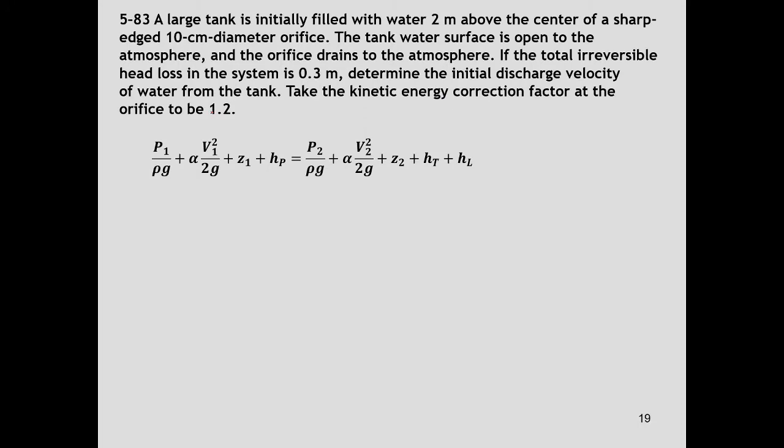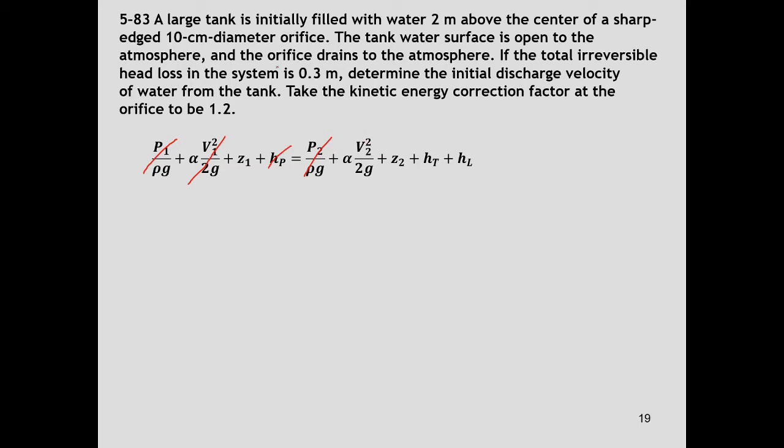Okay, again, using the same equation, you know that the water surface is open to the atmosphere and the orifice drains to the atmosphere, so P1 and P2 can be cancelled. It is a tank, so you can consider the velocity V1 equal to 0. Z1 is 2 meter, HP, there is no pump.